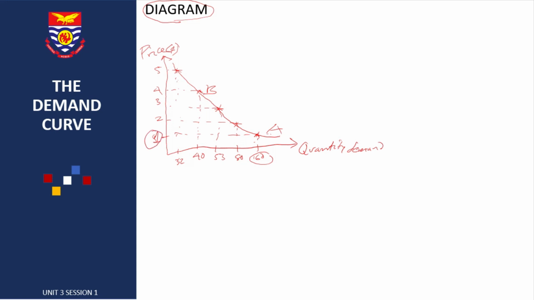And point B shows that 40 bars of chocolate are demanded at price 4 cedis.